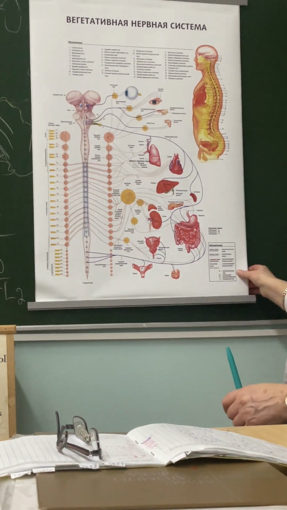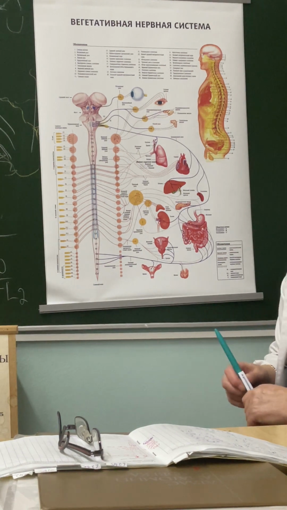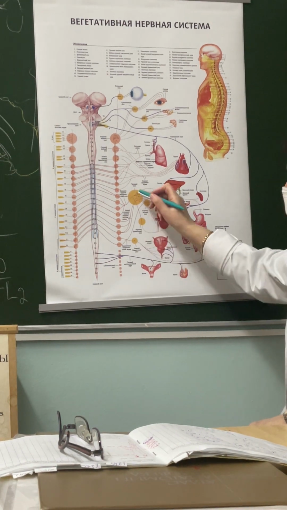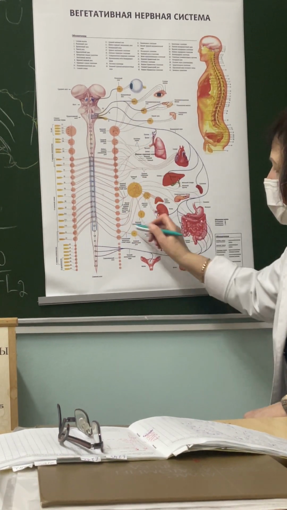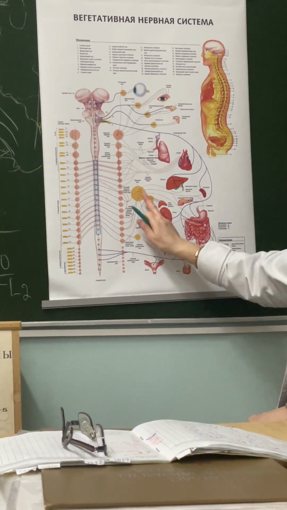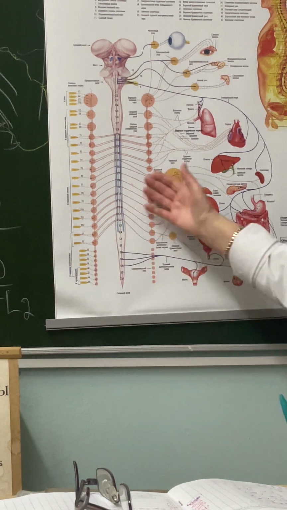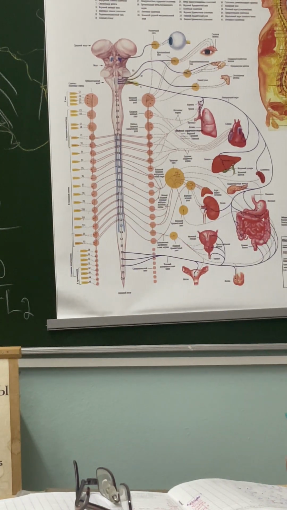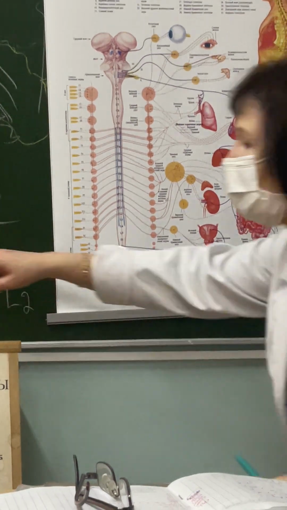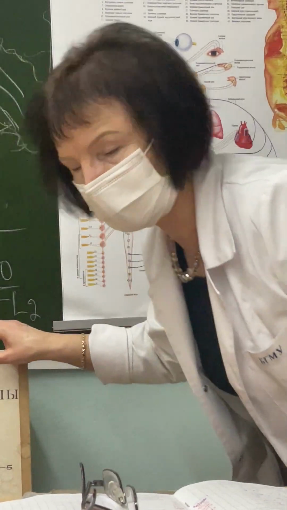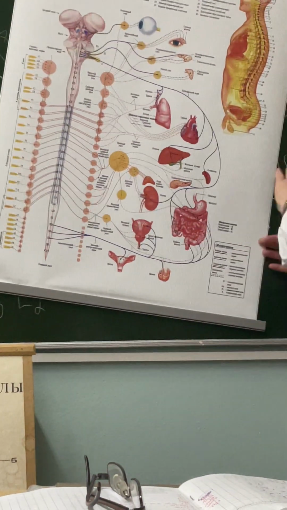So okay, let's say like this. We have sympathetic ganglia, yeah? Here. And these ganglia have not only preganglionic fibers and postganglionic neurons, but they also have, let's say, ganglia. I guess you said it about. Yeah, like this, yeah?